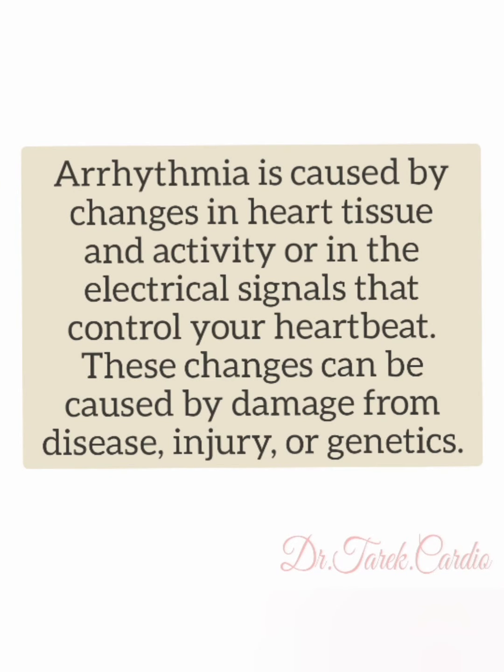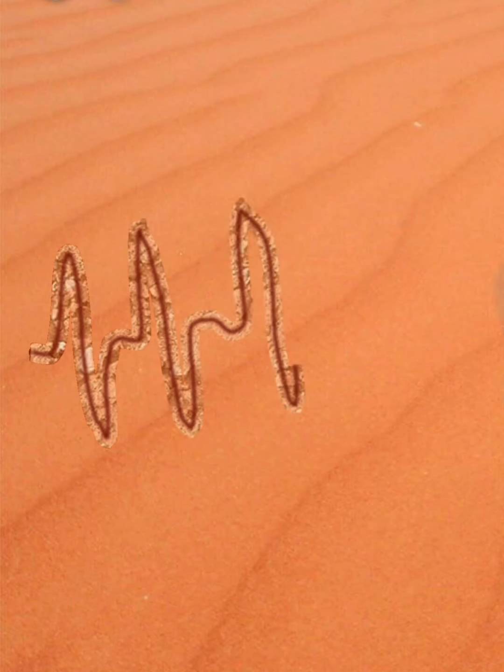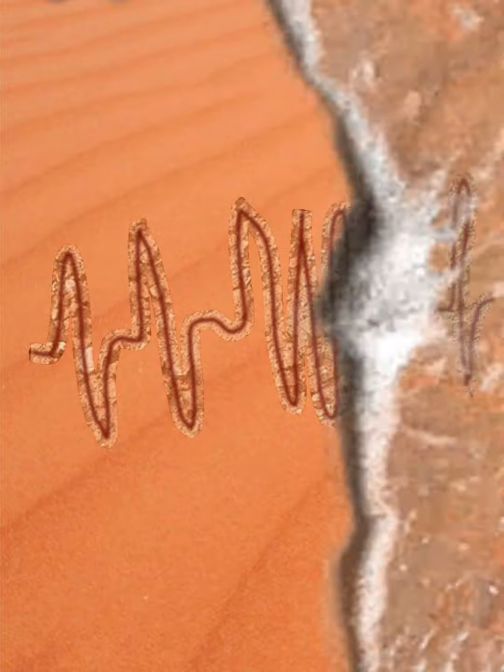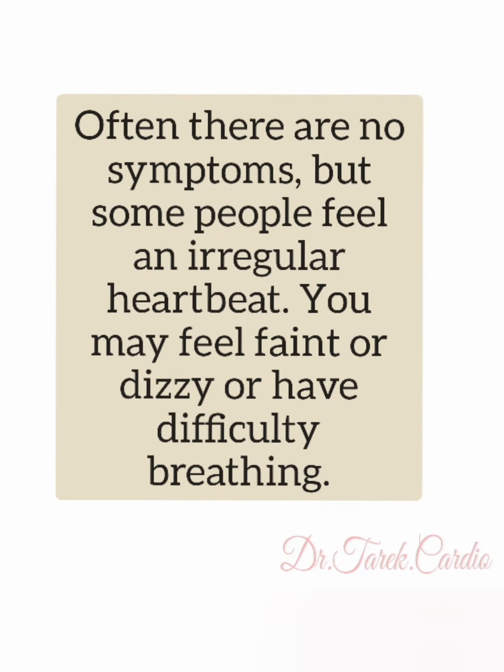Arrhythmias are caused by changes in heart tissue and activity, or in the electrical signals that control your heartbeat. These changes can be caused by damage from disease, injury, or genetics. Often there are no symptoms, but some people feel an irregular heartbeat.